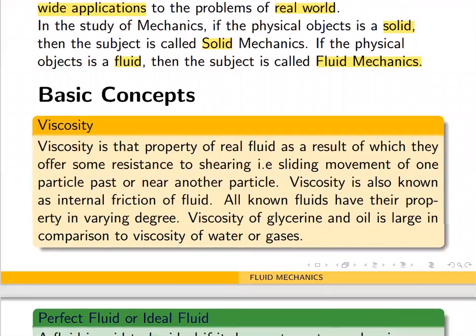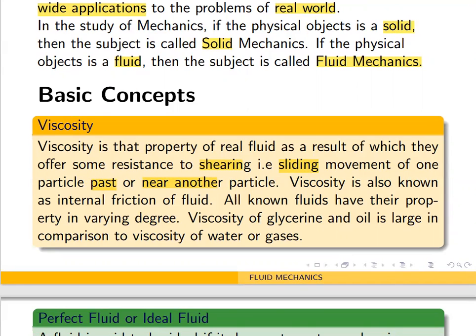Now let us learn some basic concepts. First, let us learn what is viscosity. Viscosity is the property of the real fluid because of which there will be some resistance to the shearing or the sliding movement of one particle past or near another particle.